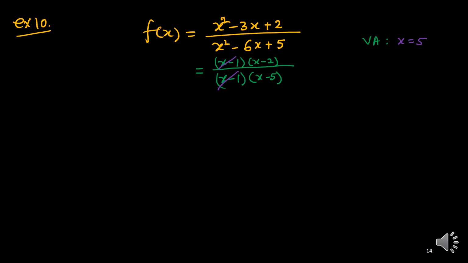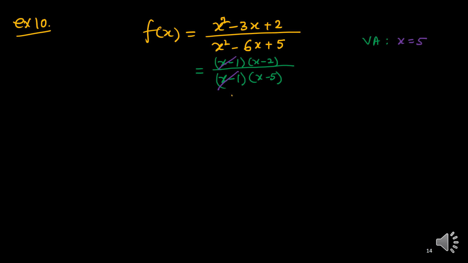Be careful. x equal to 1 is not a vertical asymptote. So this is equal to x minus 2 upon x minus 5, if we cancel the x minus 1 factors. Now we can easily draw the function.